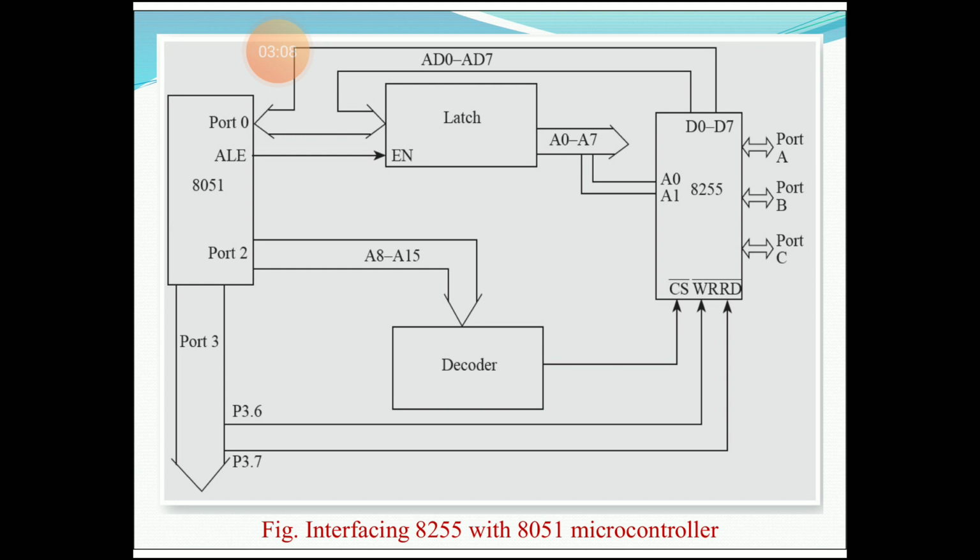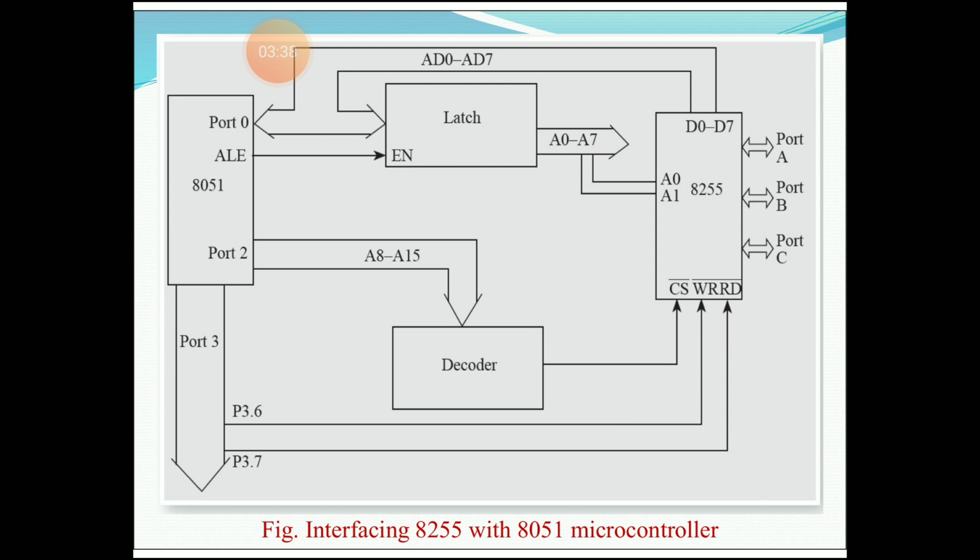So port 0 carries address lines which are stored into the latch when ALE equals 1. And when ALE equals 0, port 0 carries 8 data lines. These data lines are directly connected to the 8 data lines of 8255. So the ALE signal is used to demultiplex the address and data lines from port 0.